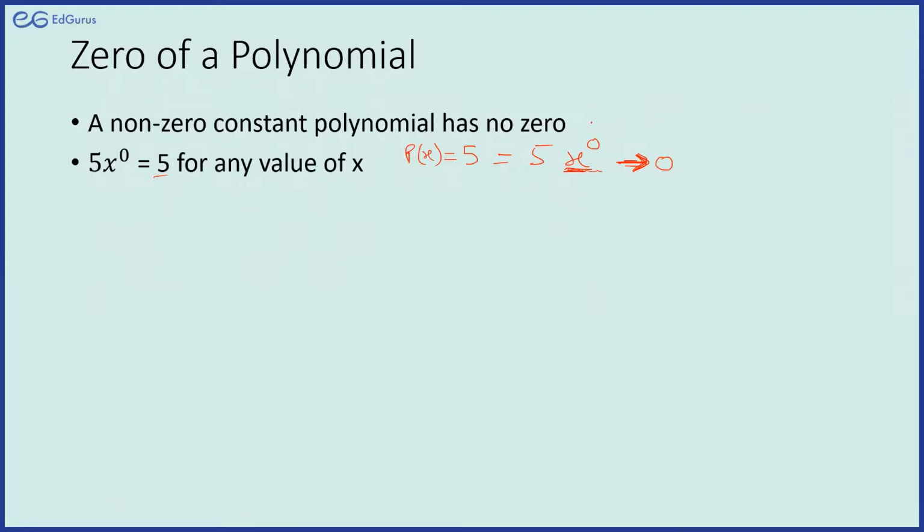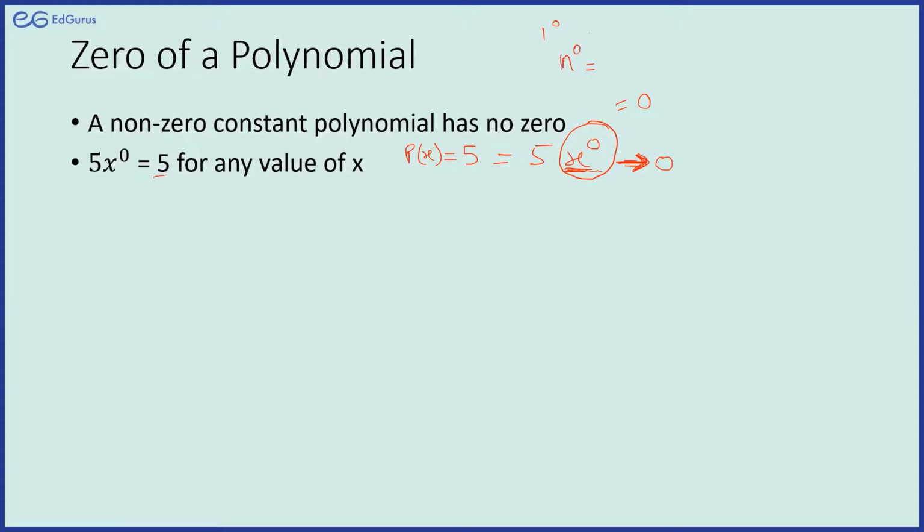Ma'am, how will 5 × 0^0 be 0? What value of x should I substitute here so that this becomes 0? Can it ever become 0? 1. What is 1 to the power 0? 0 of any number.